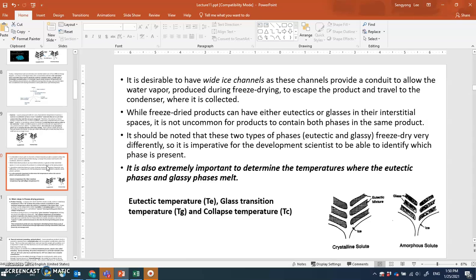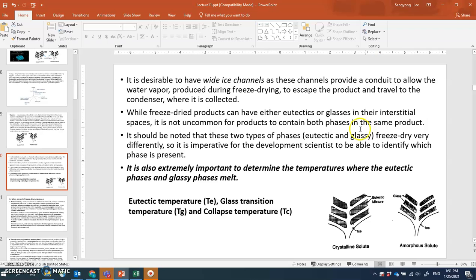So yes, that's what happens. While freeze-dried products can have either eutectic or glass in their interstitial space, it is not common for a product to contain both phases in the same product. So there are various possibilities that exist. That's what it means.